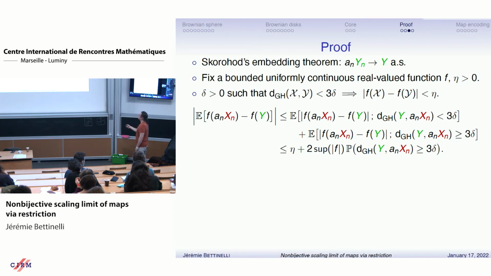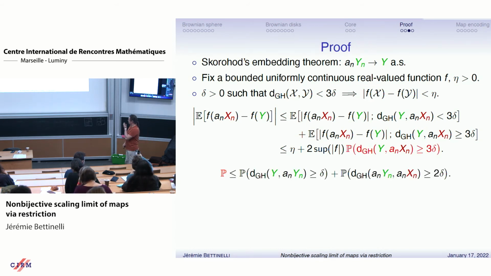So what you want to focus on is the probability that the distance from y to a_x is large. So you introduce a_y. If the distance between these two is large, it means that one of the two is far from a_n y_n.